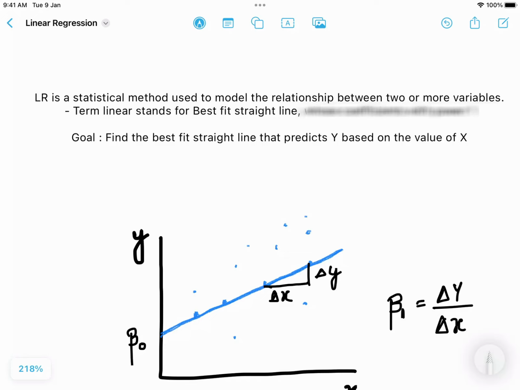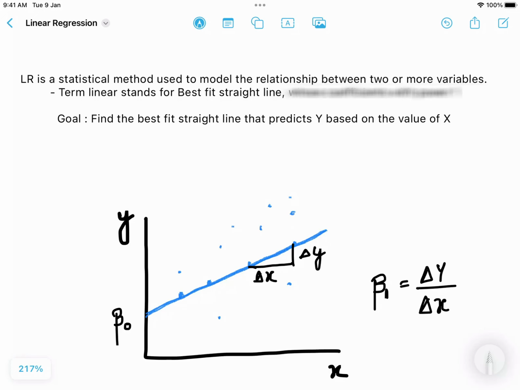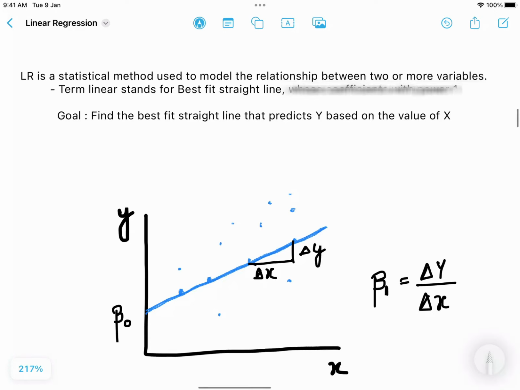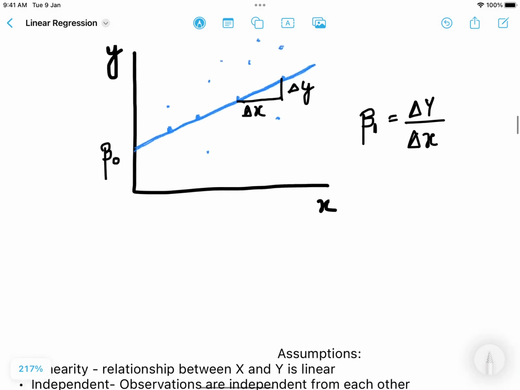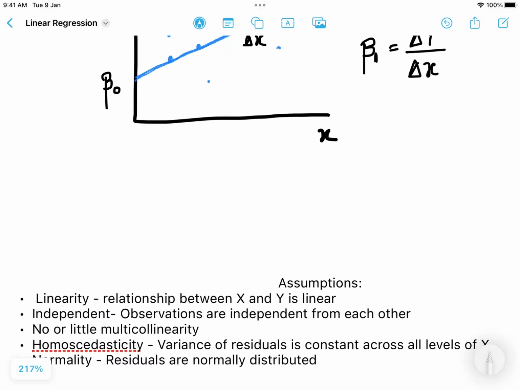It is saying that if there is a 1 unit change in the x variable, what would be the change in y? It is the best fit straight line that predicts y based on the value of x. So based on the value of our area and the coefficient of that area, what is the strength of that area in predicting the value of y.